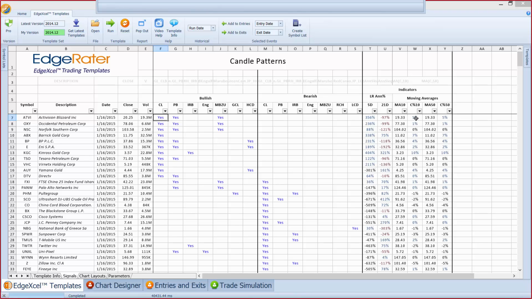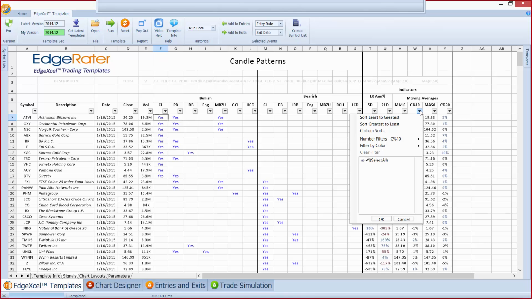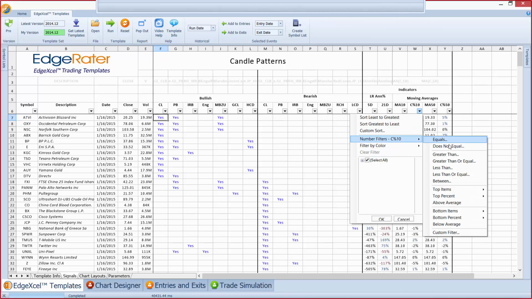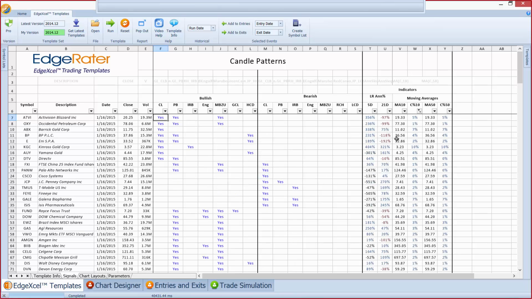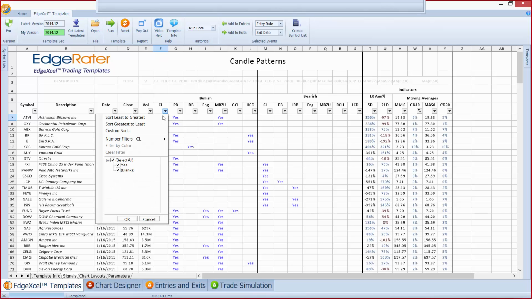So if that is a positive number, then we know that the close was above the 10 period moving average. So if you're looking for this particular setup, you might then filter this C%10 by greater than 0, because we're only interested, remember, in the bullish case of looking for stocks that are clearing bars and also above the 10 period moving average. So now, let me filter this, so we're only looking at clearing bars, yes.